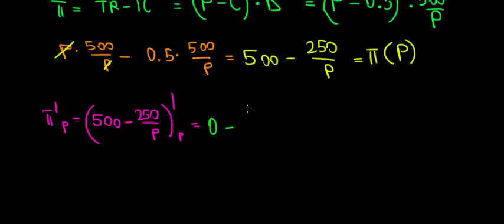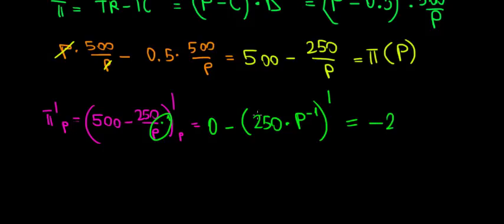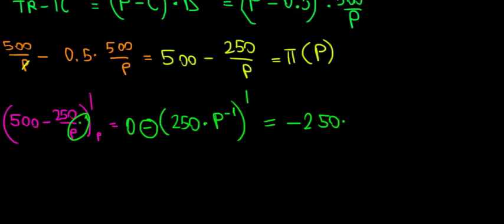Well, that's the same as saying 250 times price to the power of minus 1, because 1 over P equals P to the power minus 1, and we differentiate this. Now 250 is a constant in a product, so we keep it as a constant with a negative sign from here. Minus 250 times, what is the derivative of price to the power of minus 1?